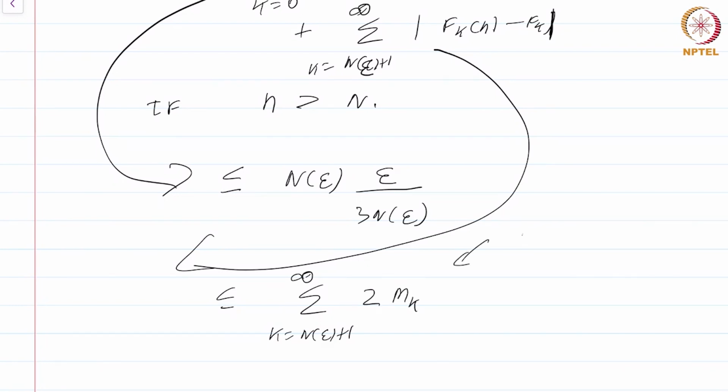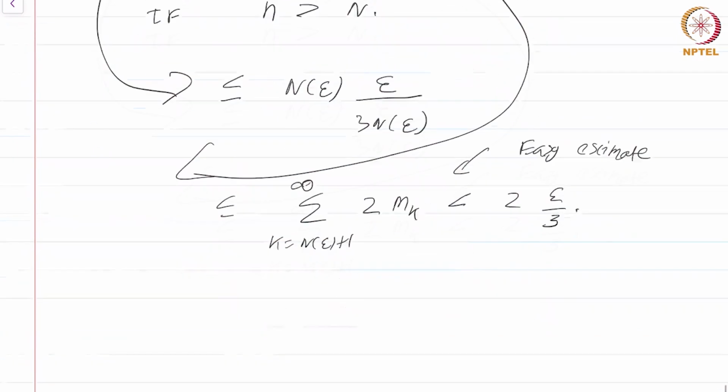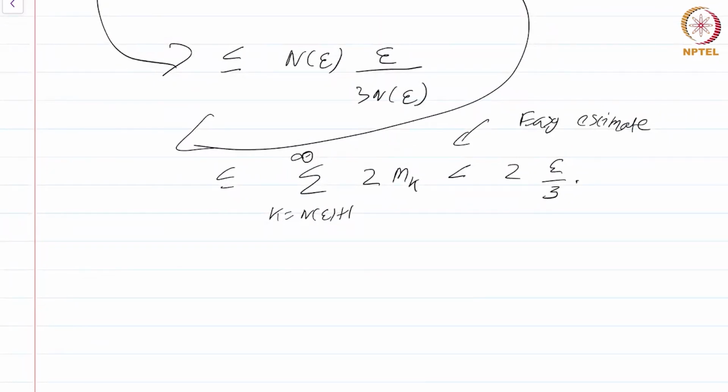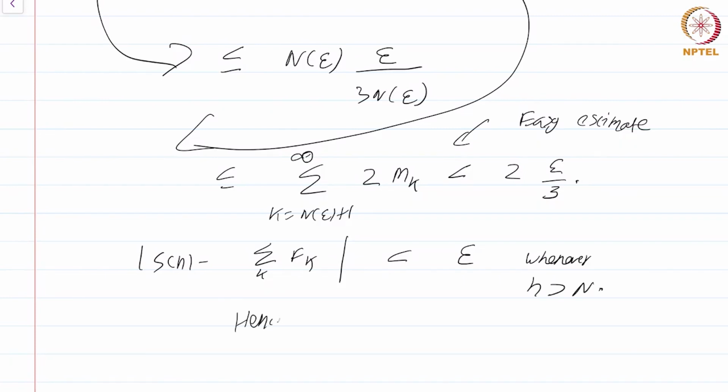This is just an easy estimate. It follows from the fact that mod a minus b is less than or equal to mod a plus mod b. But this is less than twice epsilon by 3. Putting all this together, we get that mod S_n minus the summation over k of F_k is less than epsilon whenever n is greater than capital N. Hence proved.